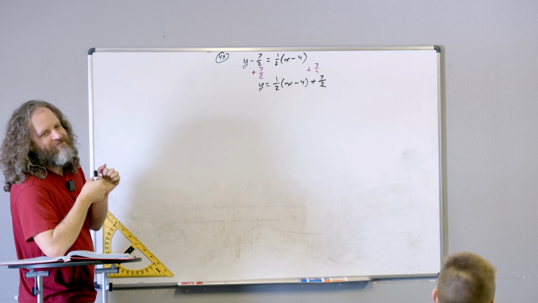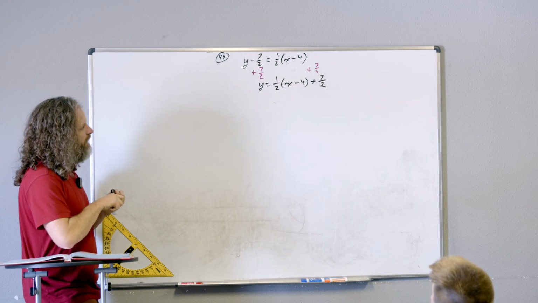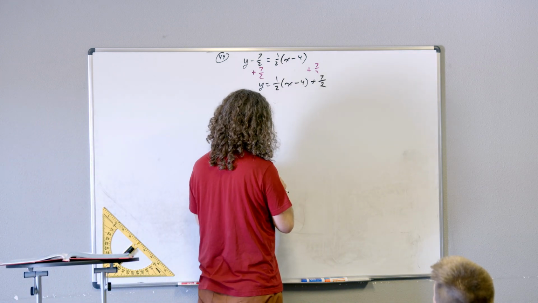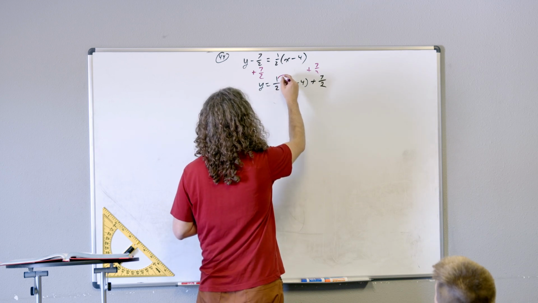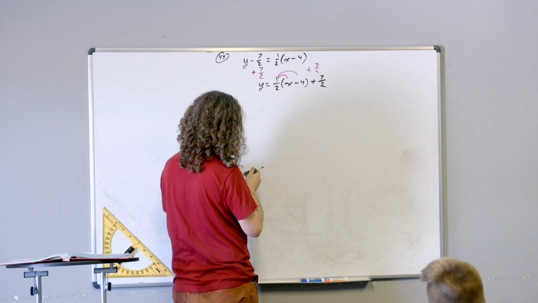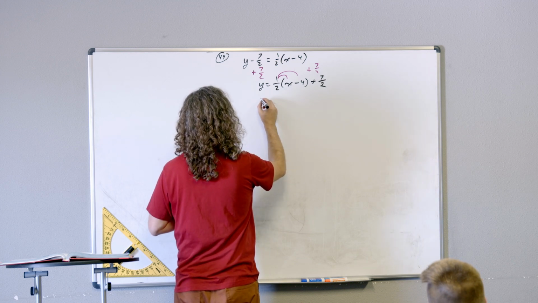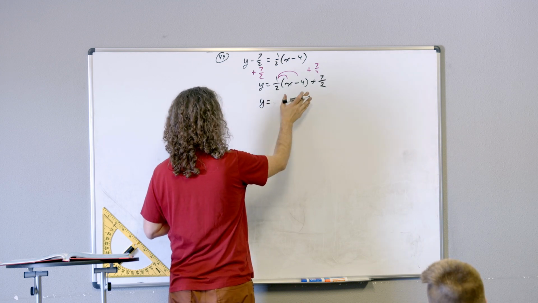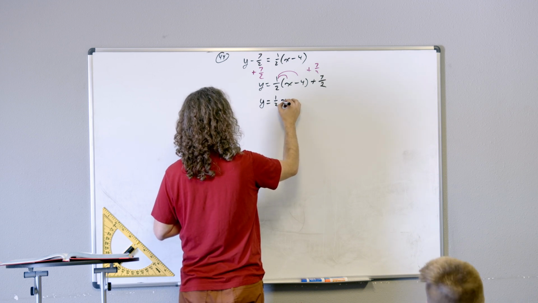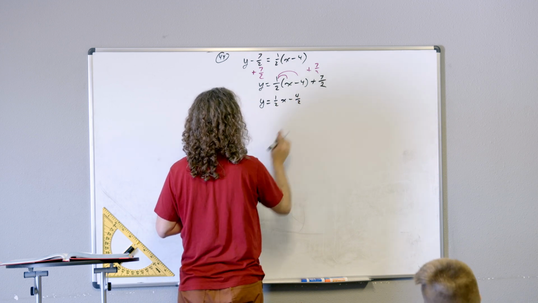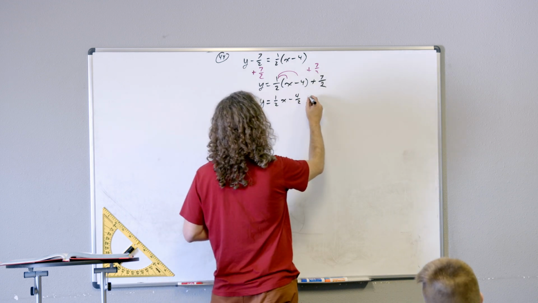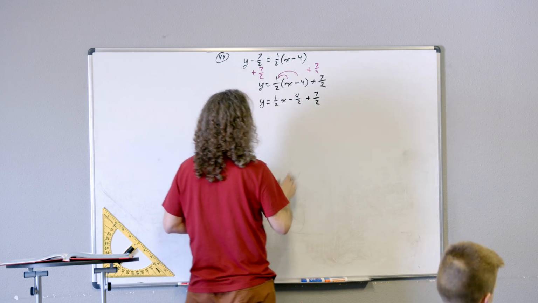What should we do now? We should distribute that 1/2. What's 1/2 times x? 1/2 x. Now, this next one, normally I would reduce that to -2, but I'm going to leave it as -4 halves because then it's easier to combine it with that one, right?